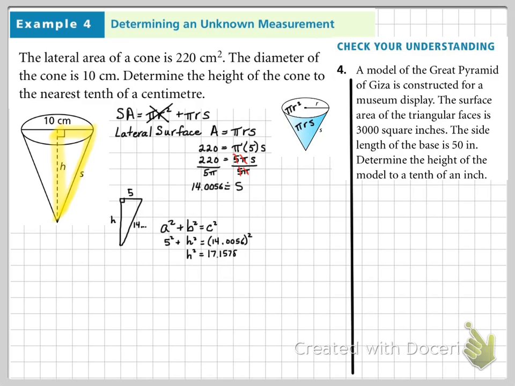And that'll tell me, by subtracting 5 squared from both sides, that h squared is 17.1578. And if I take the square root of both sides, I'm going to get a height of approximately 13.1 centimeters. That takes us to the end of our lesson of 1.4.